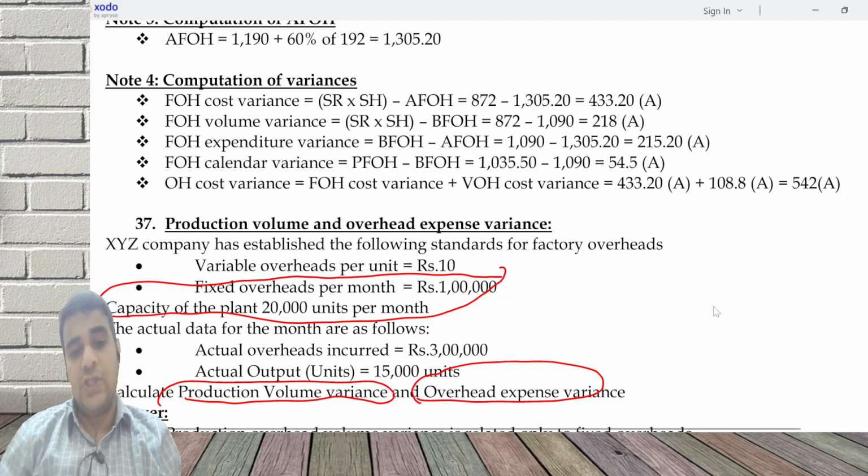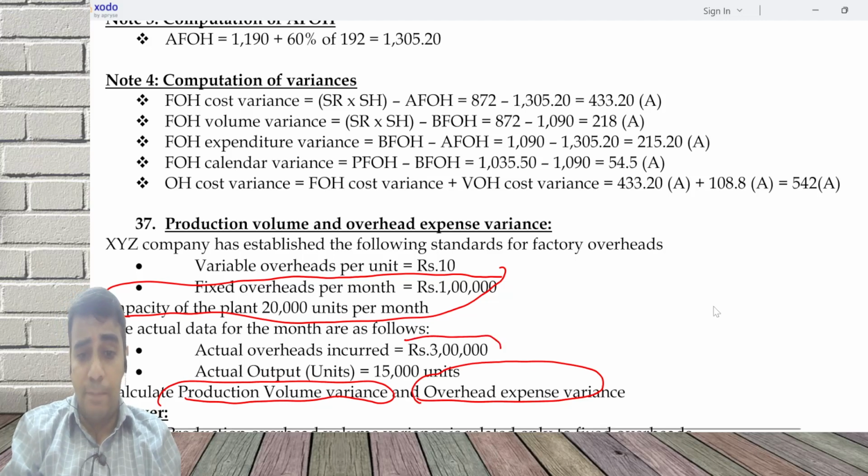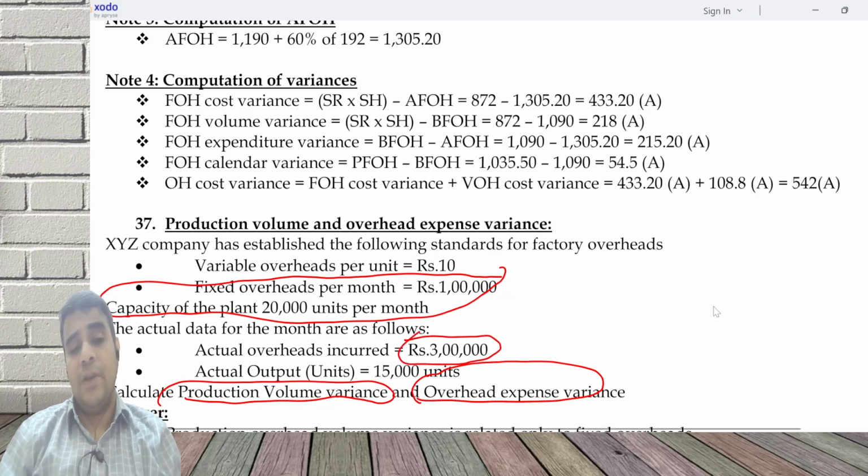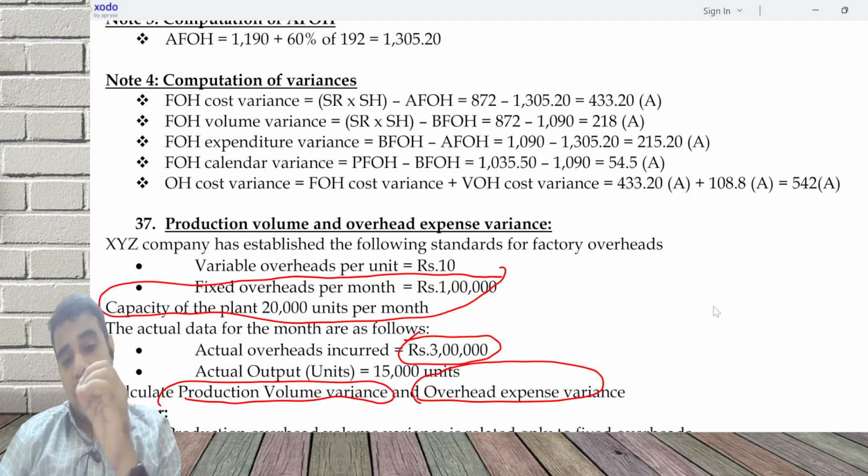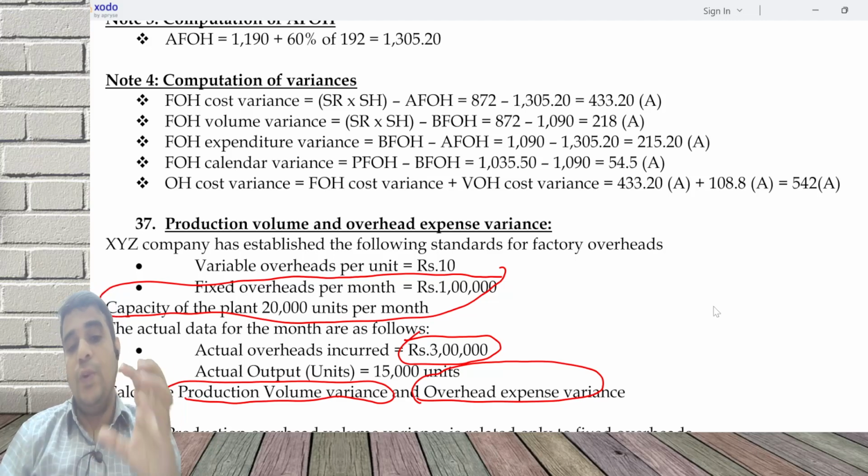Now there is one challenge in this question. I don't know the breakup of the 3 lakh. How much of this 3 lakh is fixed, and how much is variable? This is one unique question. ICAI has tested this once. They've asked for production volume variance, which is very simple.